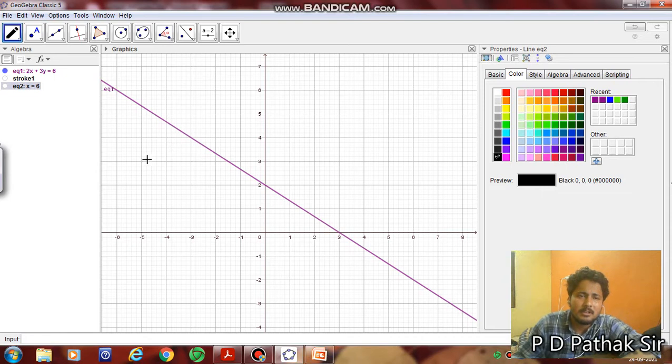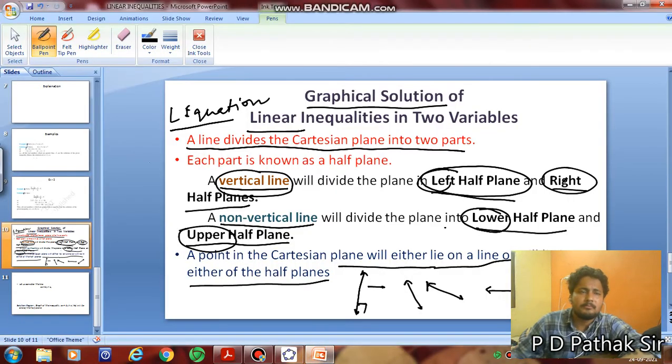Whether I can take this point in the lower half plane, or in the upper half plane, or also on this line. So a point in the Cartesian plane will either lie on a line or will lie in either of the half planes. So this is the second concept.